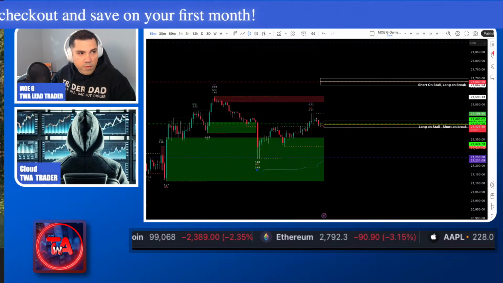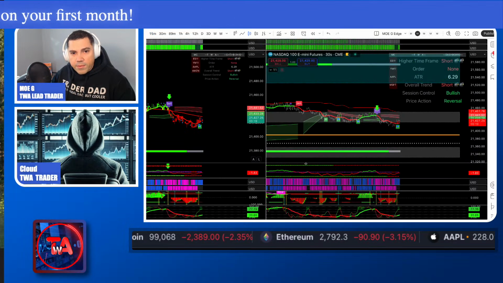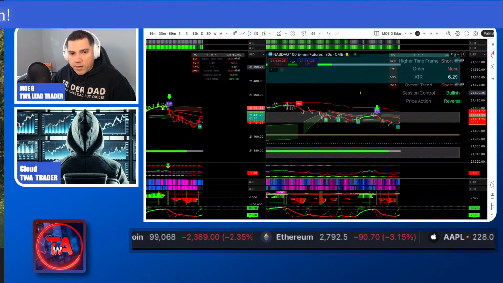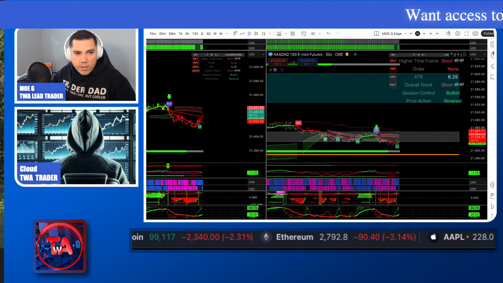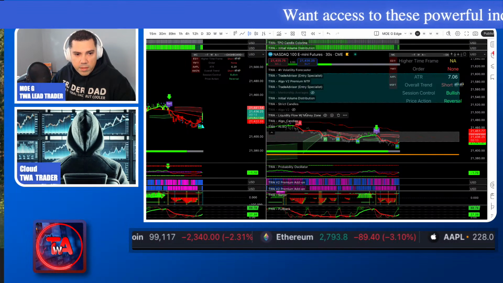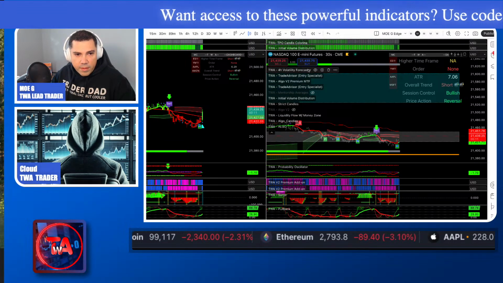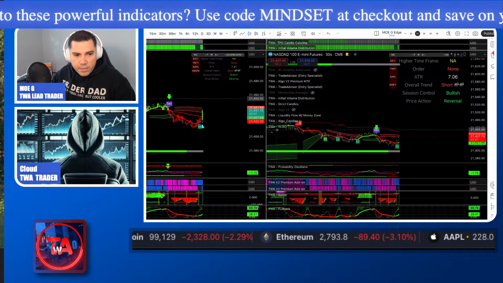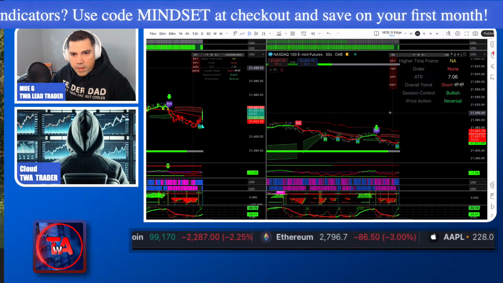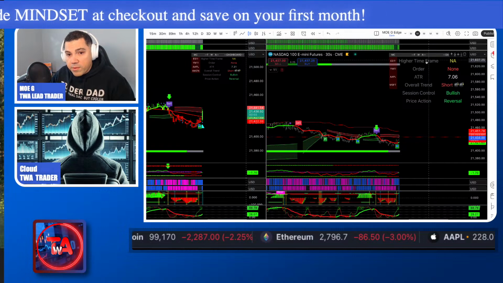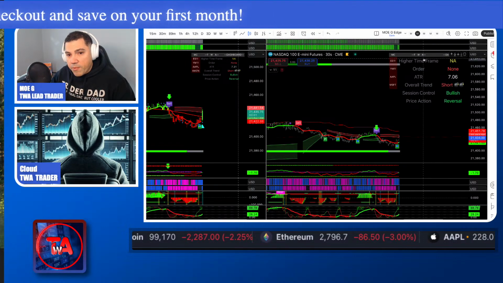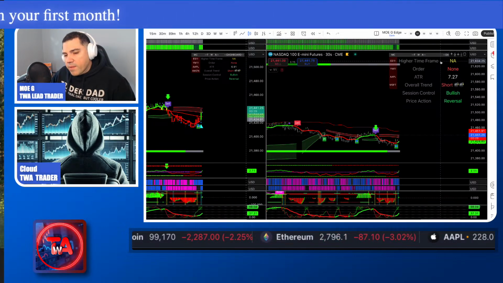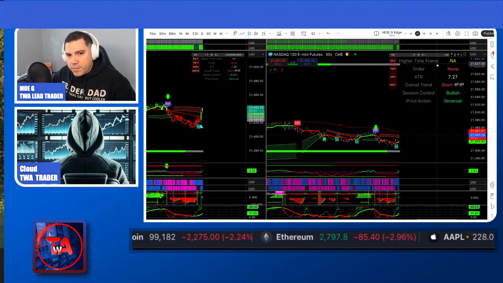Now let's go over to the dashboard here. Let me turn some of this stuff off. Okay, so looking at the higher time frame first, NA means there's no clear direction right now.